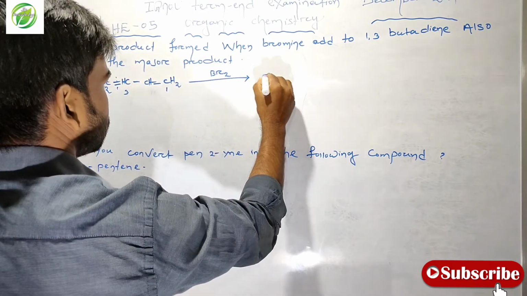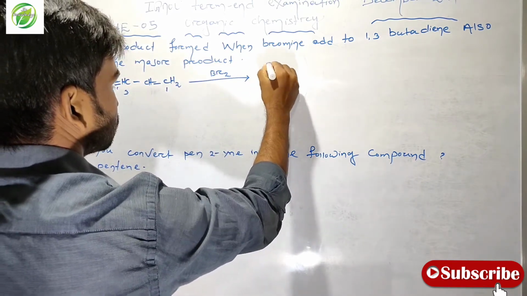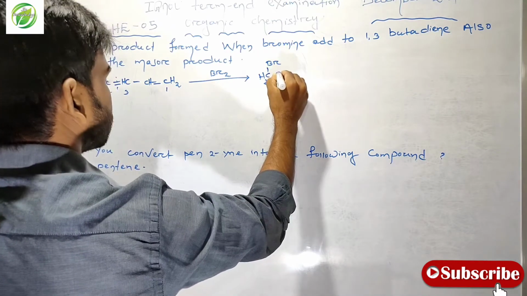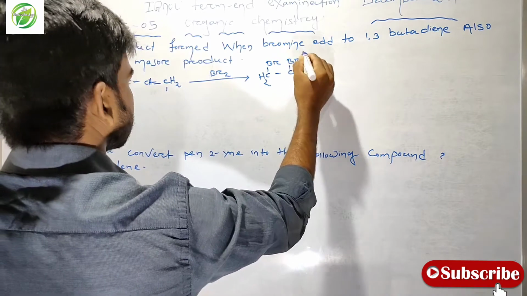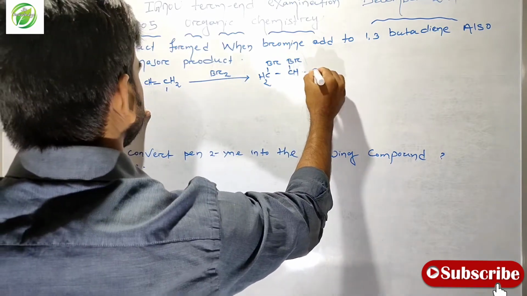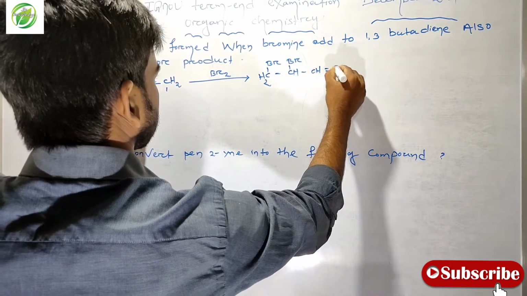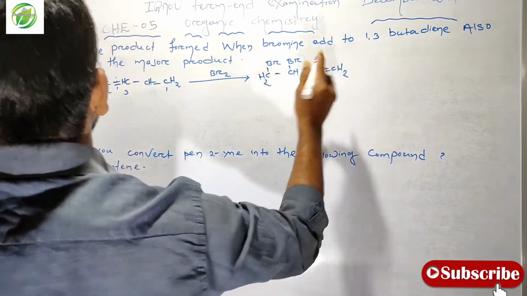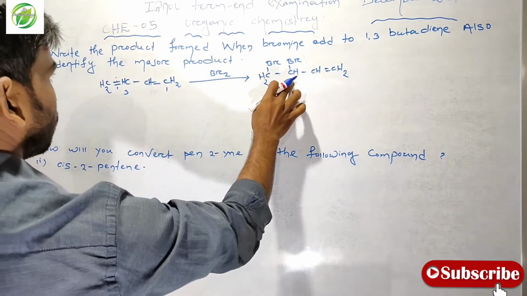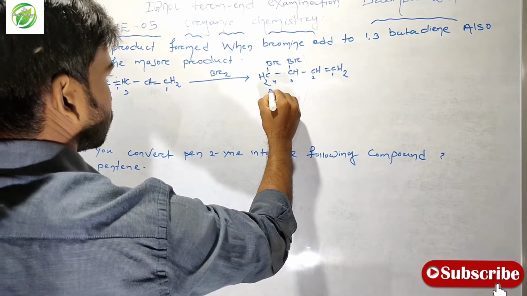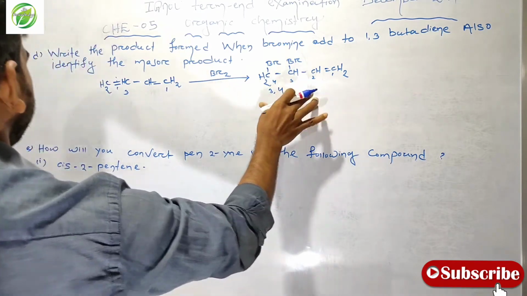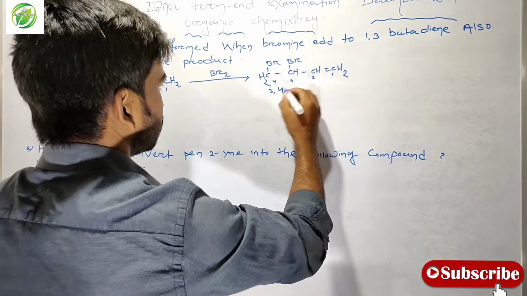This product's name is 3,4-dibromo-1-butene.